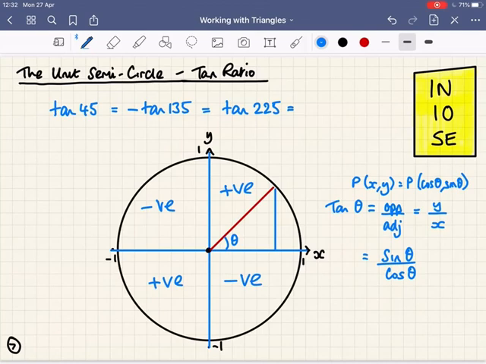And then in the last quadrant, this would be equal to the tan of 360 minus 45, which is 315, but it would be minus because in that quadrant the ratio is negative. It's tricky to get your head around it, but once you've started working with this and working around the unit circle, you will very quickly get the hang of it.